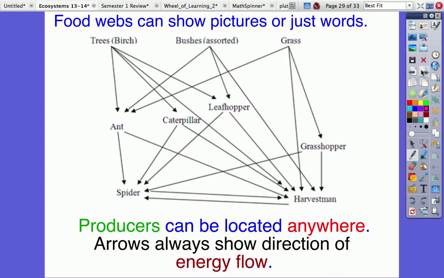Now you can see food webs with pictures, or you can see them with just words. Producers also can be located anywhere in any direction. So you've got to make sure you understand that producers are plants. So here, my producers are actually up here. Here are my producers.